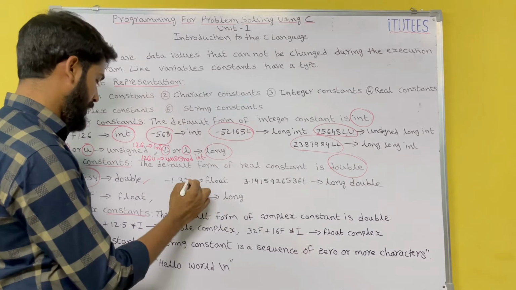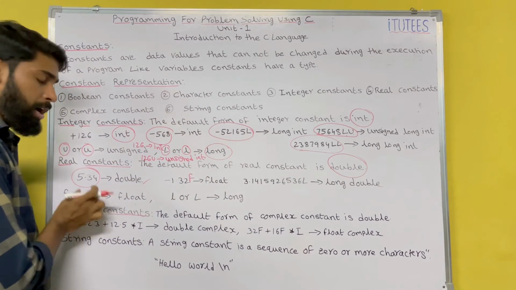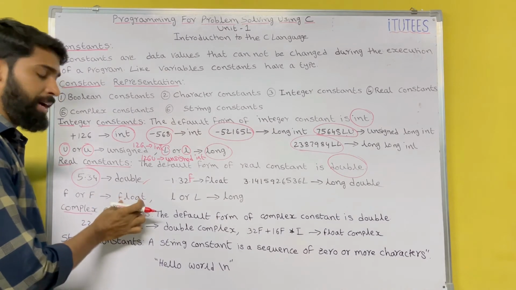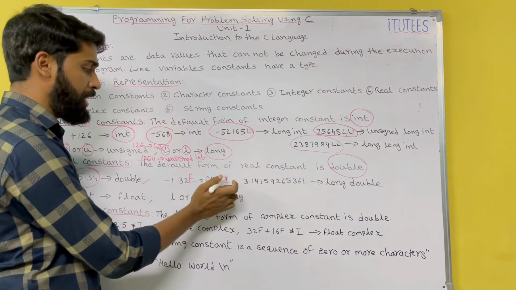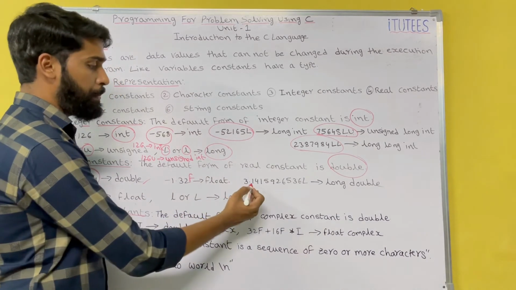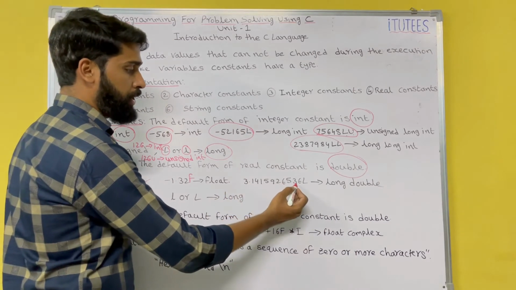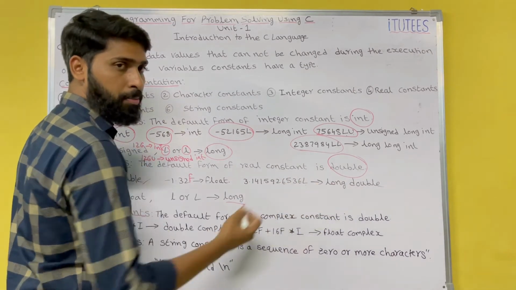Minus 1.32 f, then it is float. That means F or capital F, these two specify float. So minus 1.32 F means it is a float data type. And 3.141592656 L: L means long, so it is a long double.